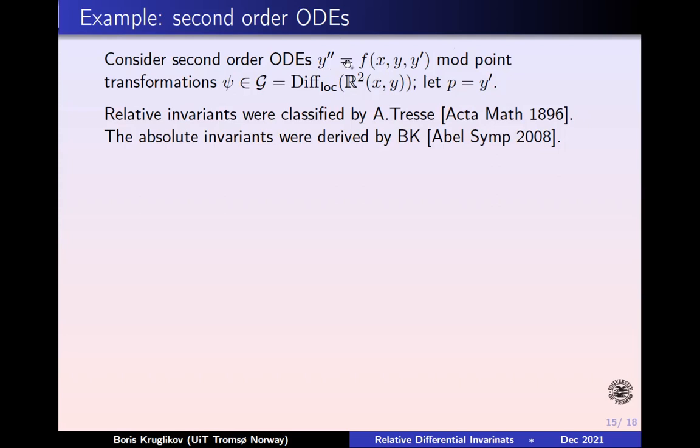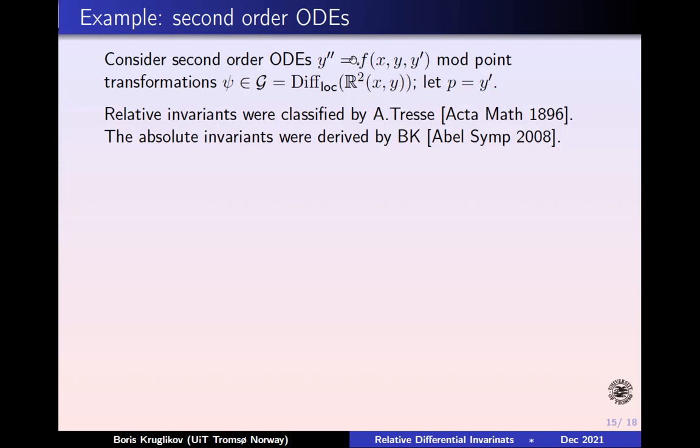Now I would like to act by point transformation on this. And so this point transformation acts on the defining function f. And I would like to see invariance, right? So then I lift to the space of jets of function f, and this produces for me invariance. So basically there are different jet spaces here, right?